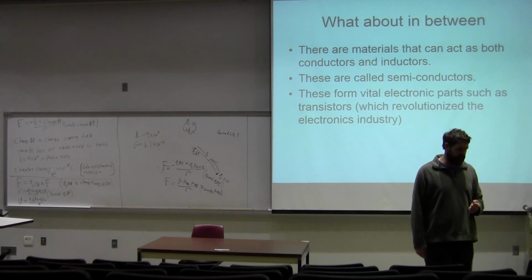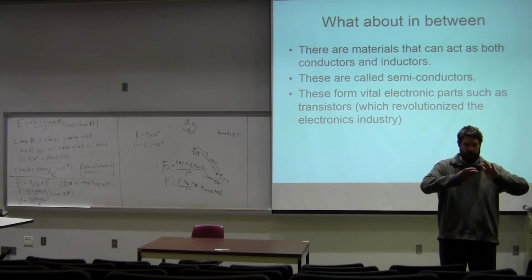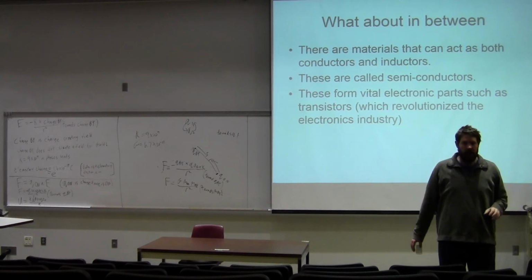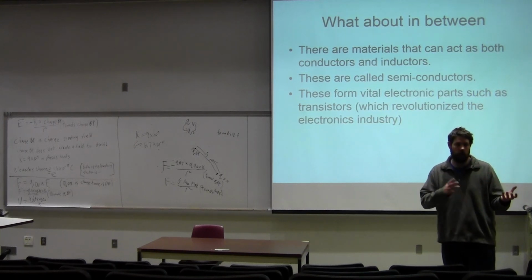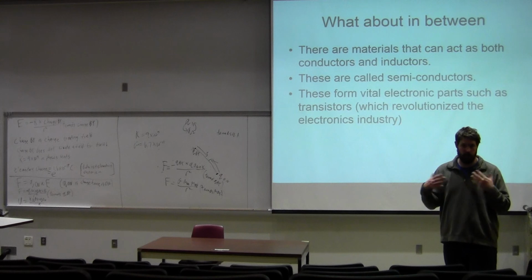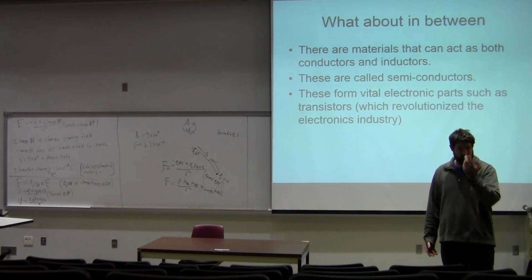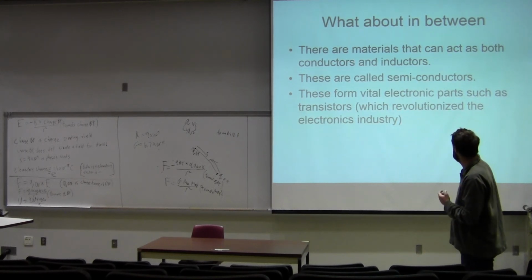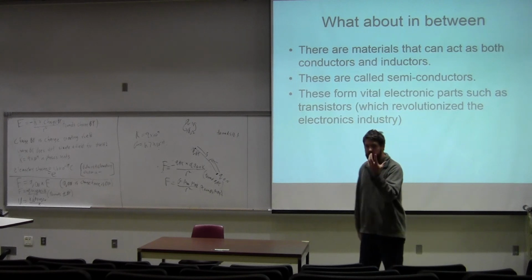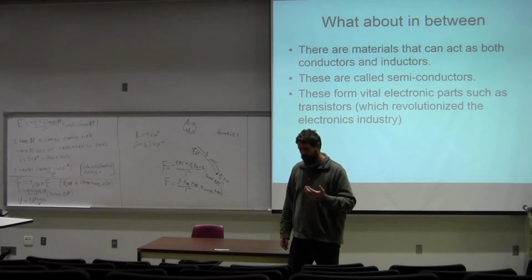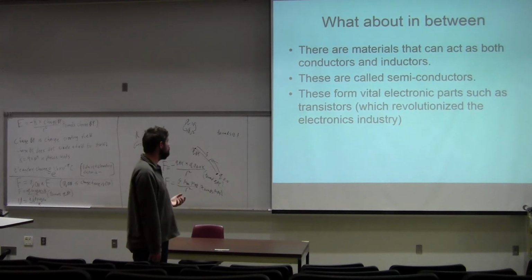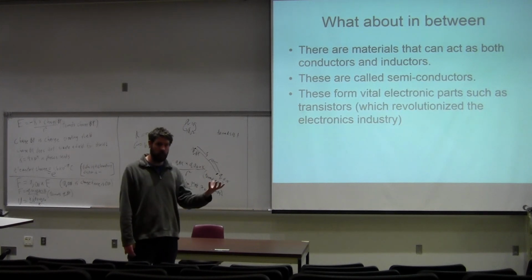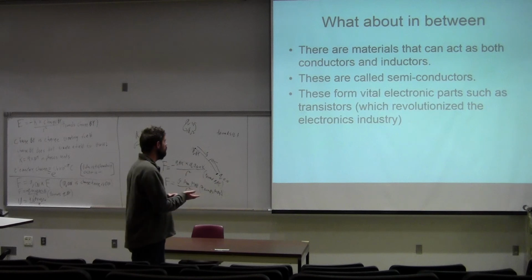But usually in science, it's not A or B, there's a spectrum of objects. And so there should be things in between that can act as either a conductor or an insulator depending upon the situation. We actually have those, they're called semiconductors, which depending on the voltage, which I haven't covered, we'll cover that in the next lecture, can determine whether the object acts as a conductor or whether it acts as an insulator.